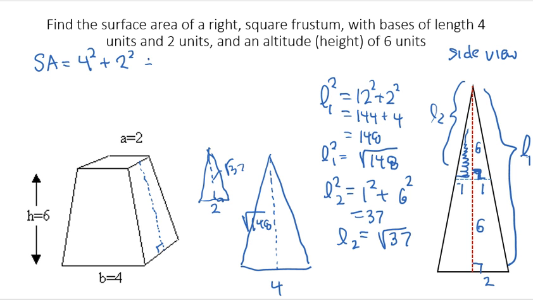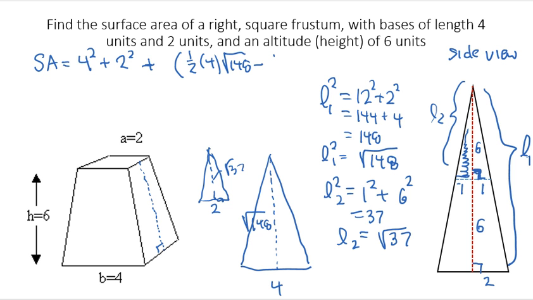plus what I've done is I take the area of the big triangle, which is 1/2 times the base times the square root of 148, minus the area of the little triangles that were removed. When we remove the top of this frustum, we remove these little triangles from the surface area.